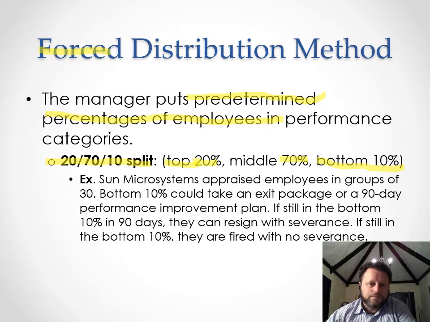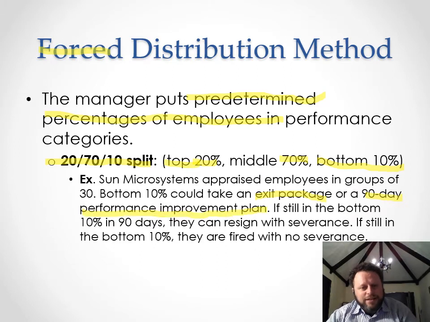Must be. So Sun Microsystems is a software, hardware, computer company, and what they were doing is they would look in groups of 30 people. And the bottom 10%, they said you can take an exit package, we'll give you money right now, and you quit. Or we'll give you a 90-day performance improvement plan.